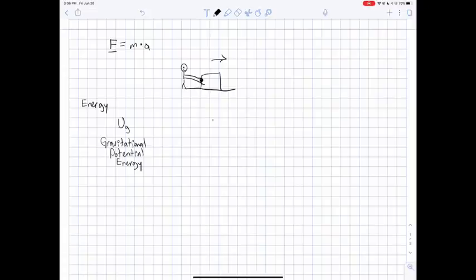We're going to have kinetic energy. And lastly, we're going to have elastic potential energy.